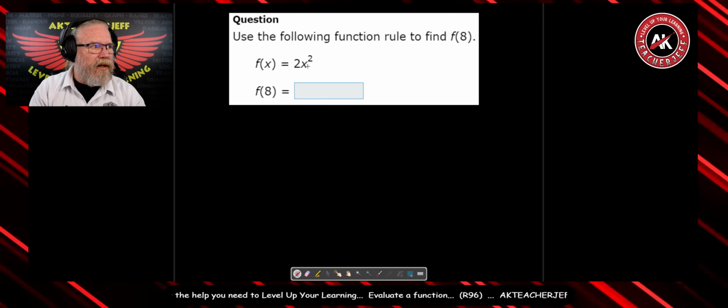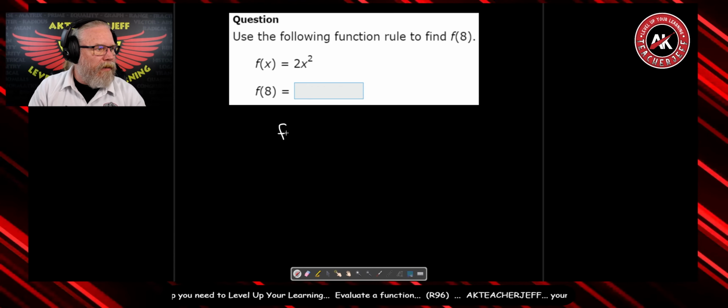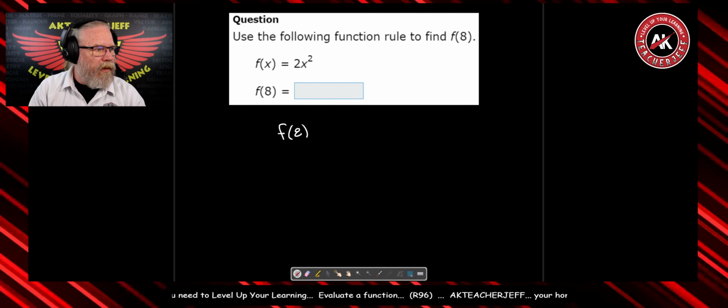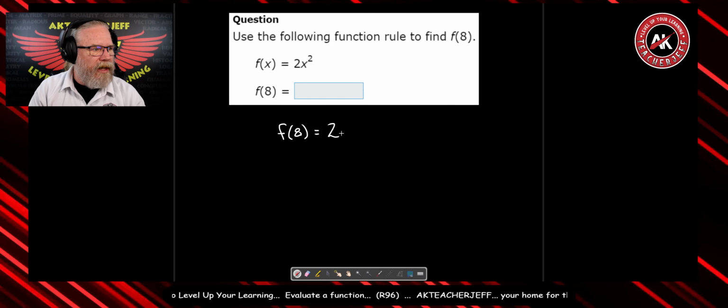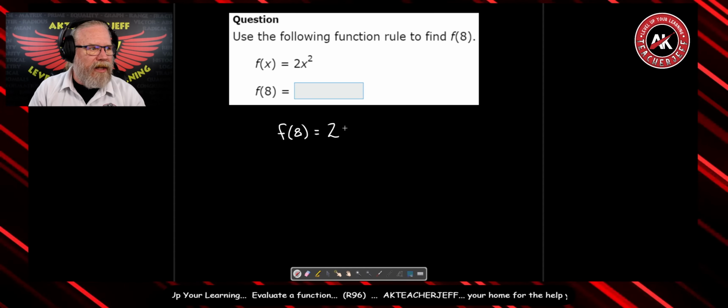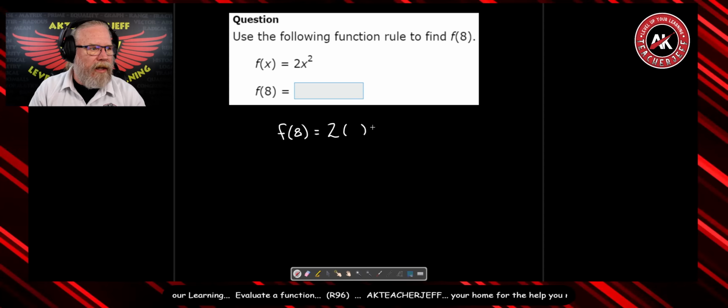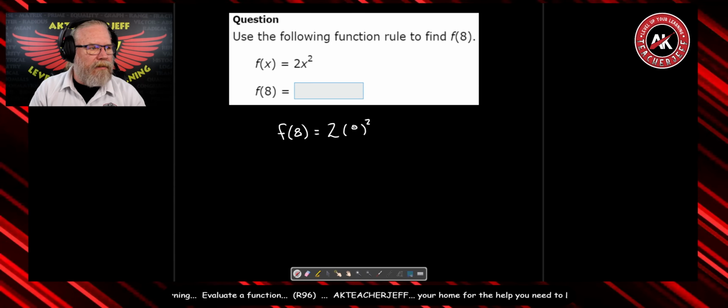So in this case, we're just going to go ahead and fill in our f of x. We're going to do f of 8 is what we want to know. And that's equal to, we're just going to take our expression 2x squared, where we see the x, put in a parenthesis, and then fill in the rest. Now, what is x supposed to be? It's supposed to be 8.